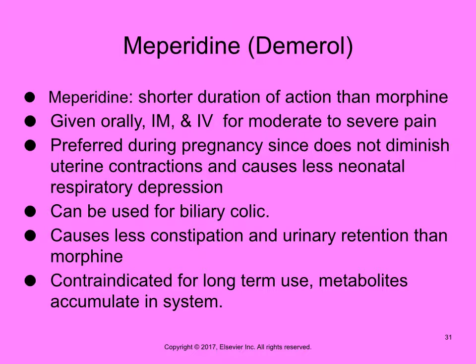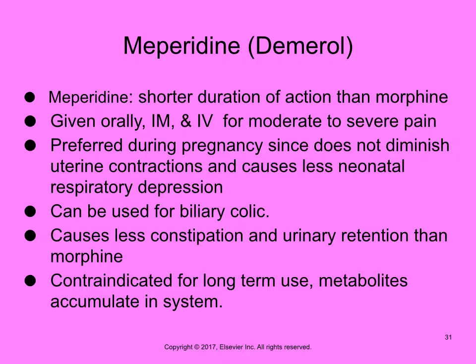Meperidine or Demerol, like he said, is taken off of a lot of lists in acute healthcare facilities because it can accumulate in the system. It's metabolized in the liver and excreted in the kidneys. And so its metabolites, especially for folks with those problems, can accumulate quite quickly and in a short time.